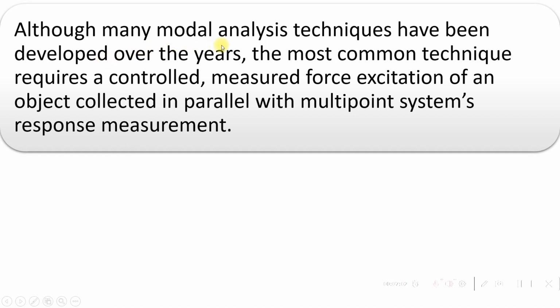A lot of research is going on around the world on condition monitoring system algorithms, and many modal analysis techniques have been developed, but the most common one requires this.